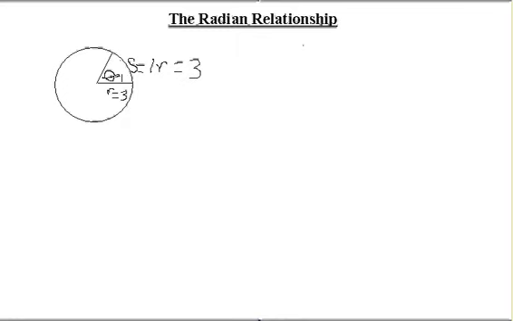If we change theta to, say, 1/2, then our arc out here would only be 1/2 of R. So the length of the arc would be 3/2.